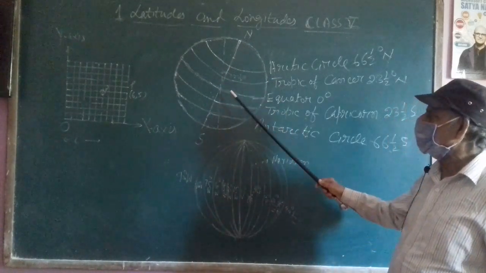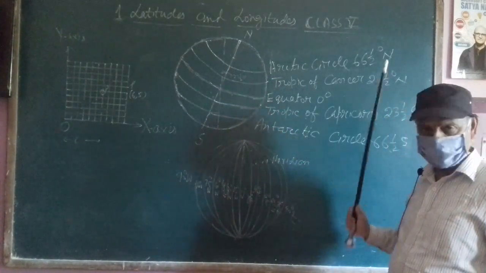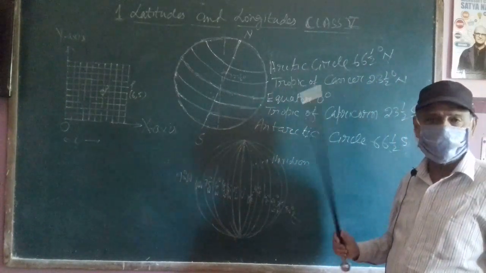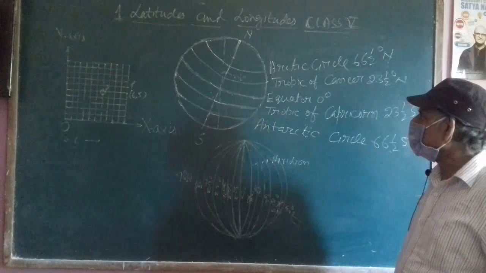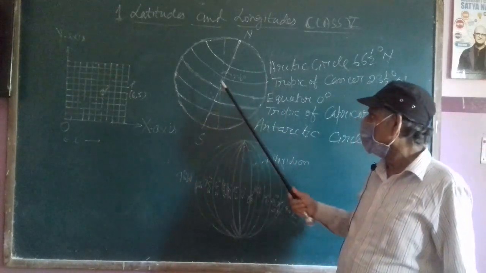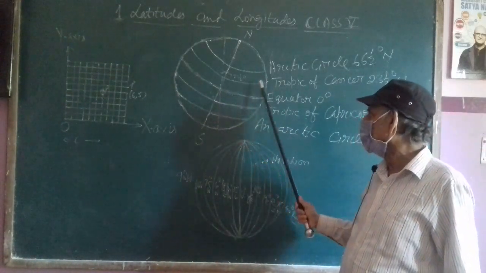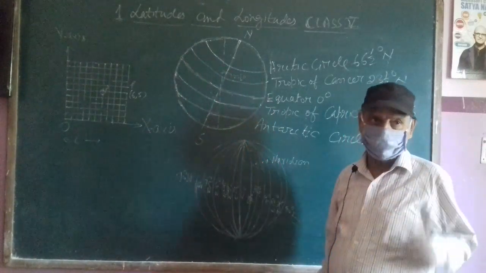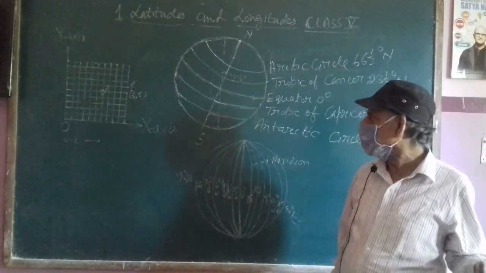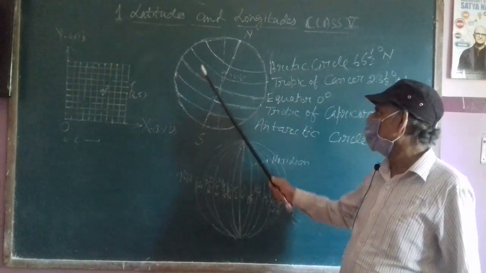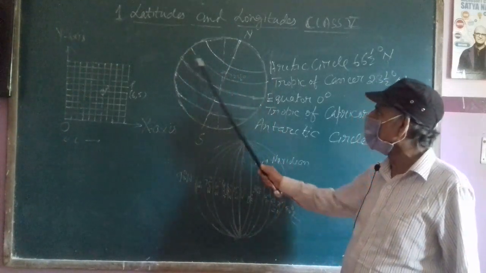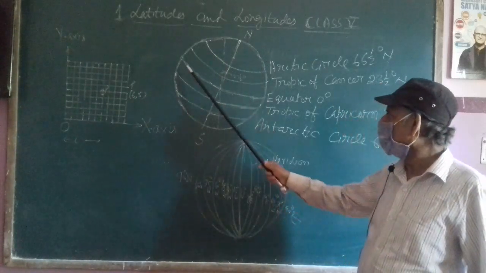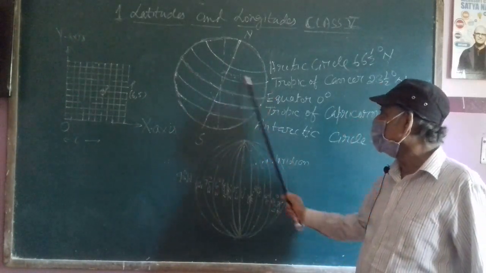So these lines are actually imaginary lines. They are drawn on the surface of the earth and they are all parallel to the equator. If you see clearly, each latitude is a circle, though it is called a straight line. But anyway, you can also call it a circle. But you see, the longest circle is the equator.